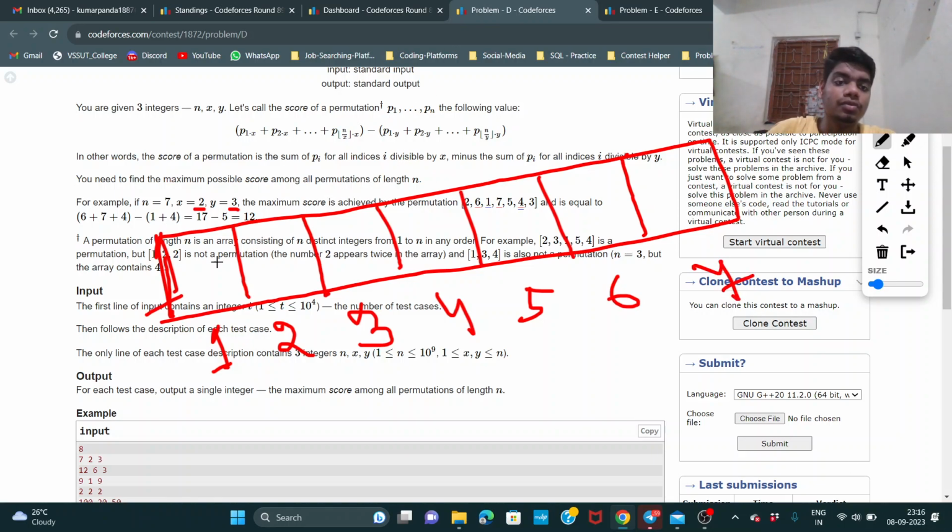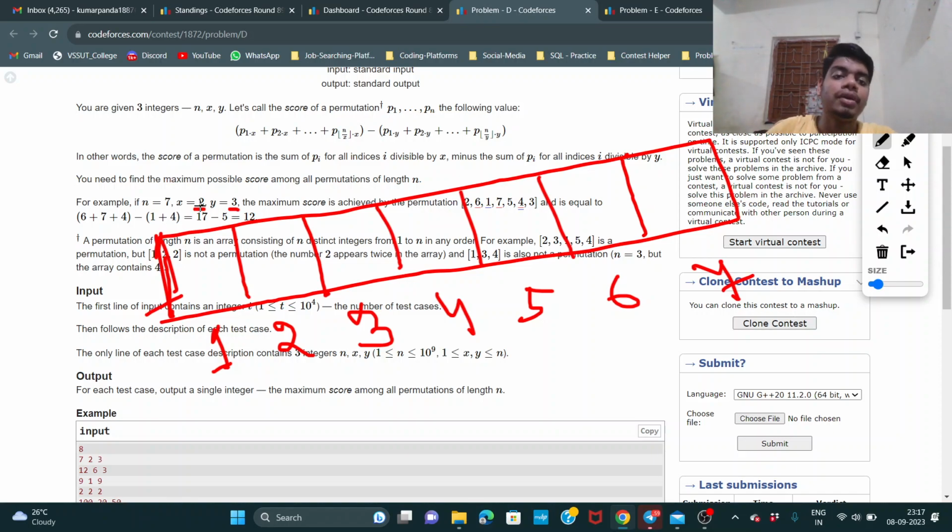Here these are the indices, and the element can be anything, in any order. But all the elements are between 1 to 7, and each number between 1 to 7 is present exactly once.